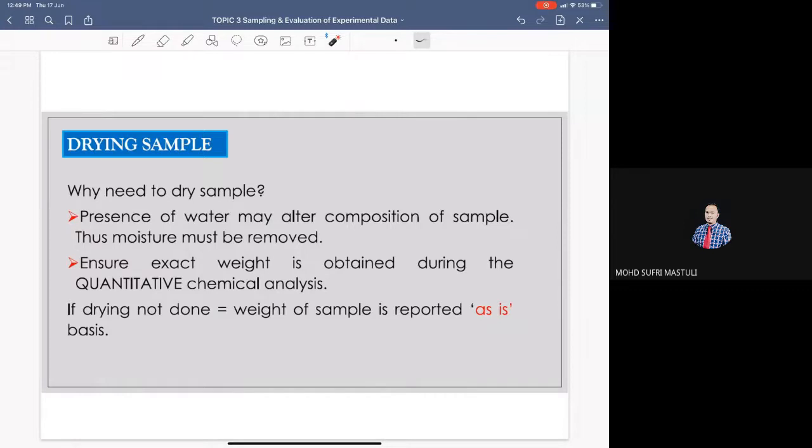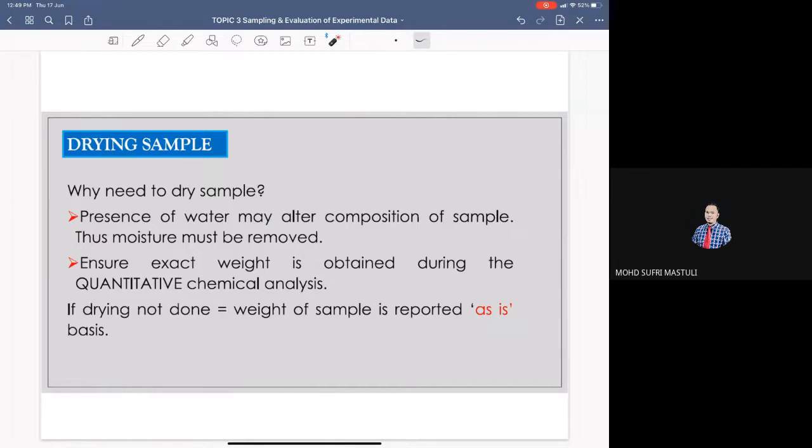As I told you, we dry the sample because the presence of water or moisture in the sample may alter the composition of the sample. This is why the moisture trapped inside the sample must be removed. But be very careful because, as I mentioned just now, by heating the composition may change.